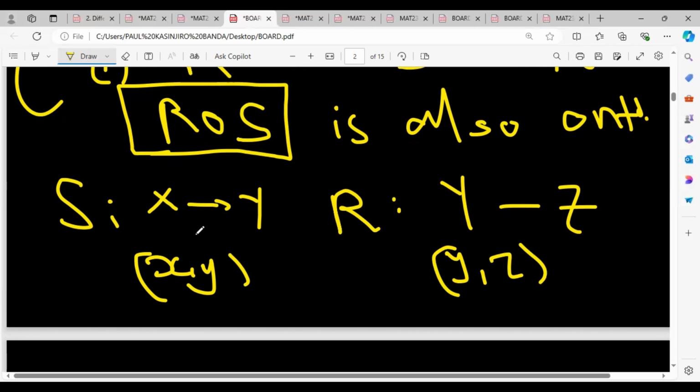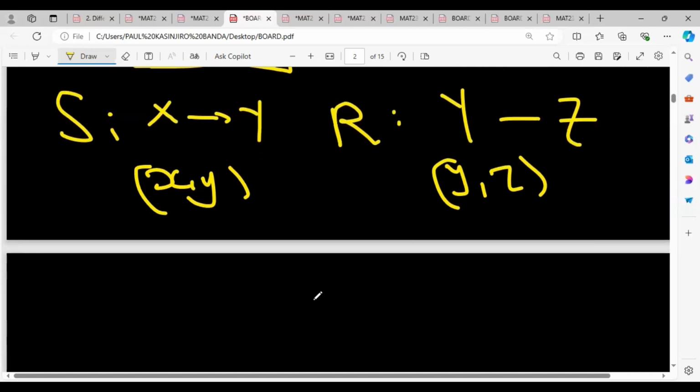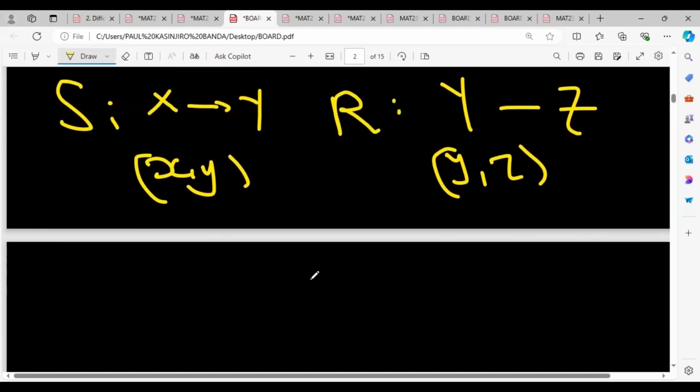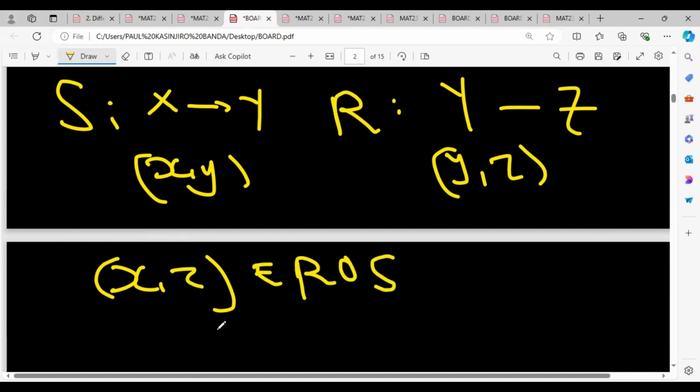If I start with S, I see that S maps X to Y, and the relation R maps the Y to the Z. So R of S will just map the X to the Z. We want to show that X, comma Z, not Y, is a member of this composite relation R of S. This is the point where we are driving to.